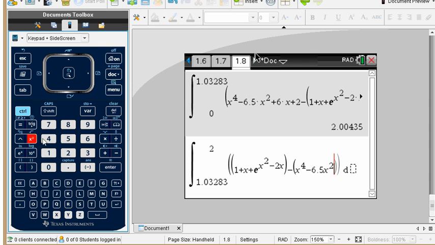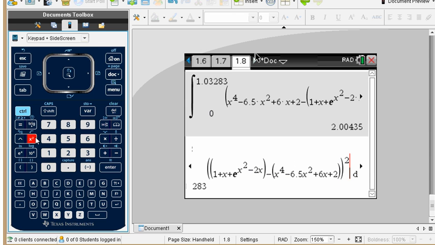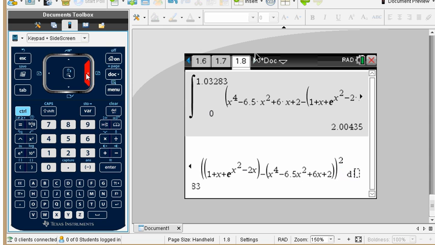We're going to come outside of this and square outside of it, and then go to dx, and we get 1.28316.